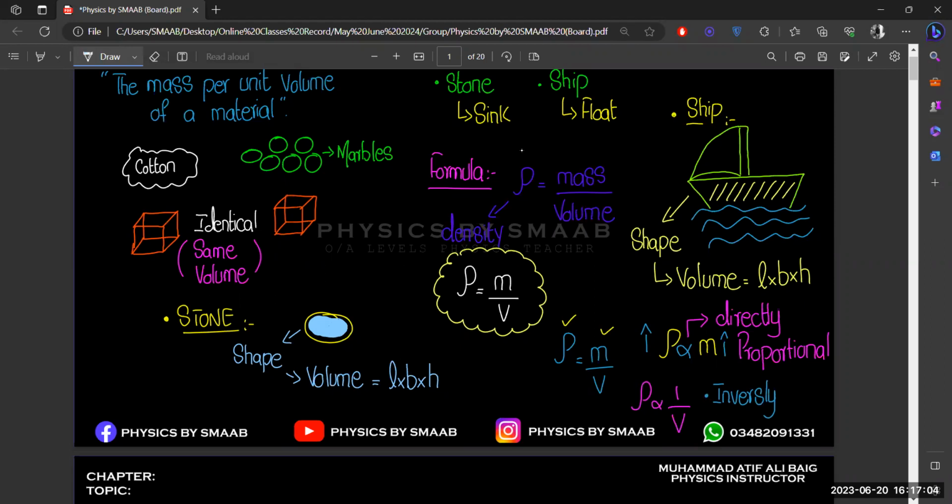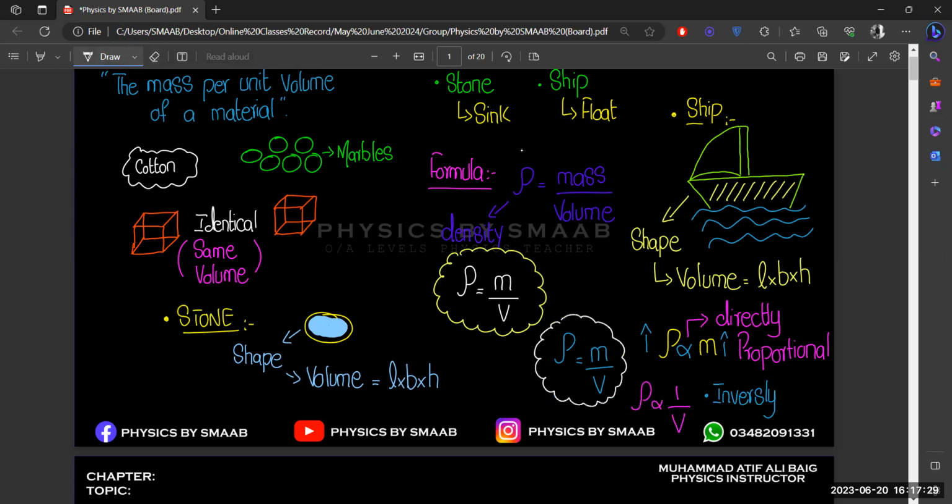Got it? If any quantity is written in the numerator, that is directly proportional. And if a quantity is written in the denominator, that is known as inversely proportional, right? Any confusion? And what is the sense of inversely proportional? Any idea?